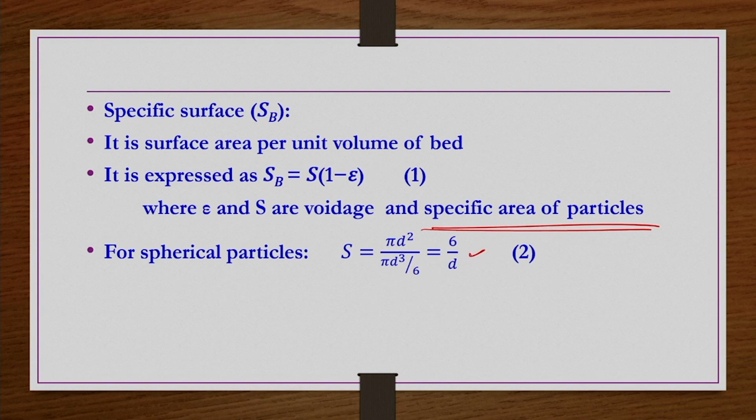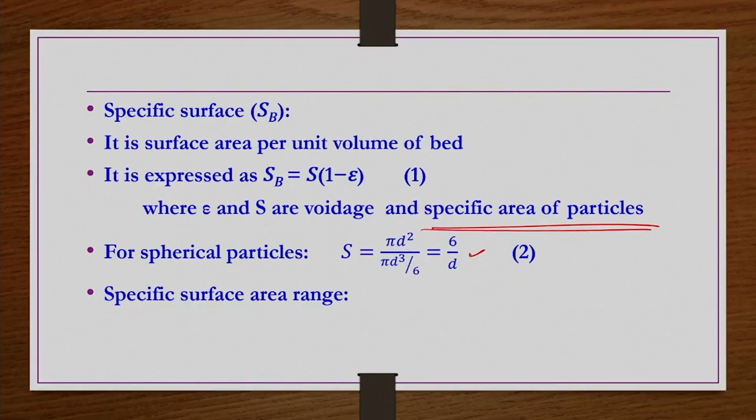If you have an irregular particle, then it will be different. There are different ways of getting these values also. We have seen in mechanical unit operations how to find the specific area of particles if the particles are irregular, non-structured particles. We cannot go into all those details, you can go through them.